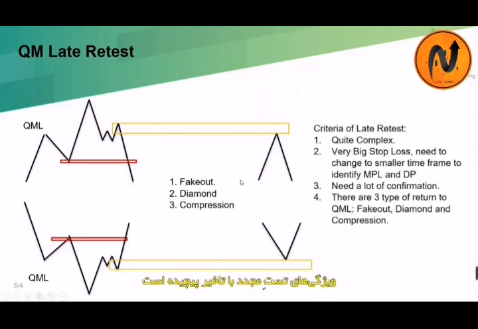The criteria of the late retest is actually very complex because you have a lot of price action, and it's not that you choose just one. It might be a combination. Sometimes it might be a fake out and compression, or a diamond and fake out. So you have to be aware of it. The second is that it has a very big stop loss. So you have to change to a smaller time frame to identify the maximum pain level and the decision point somewhere around here.